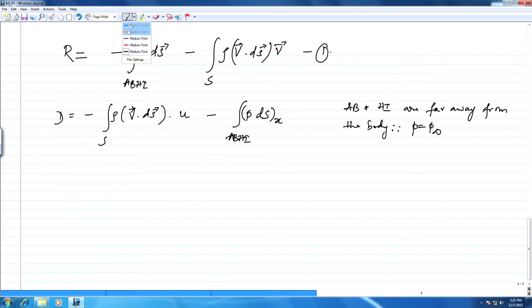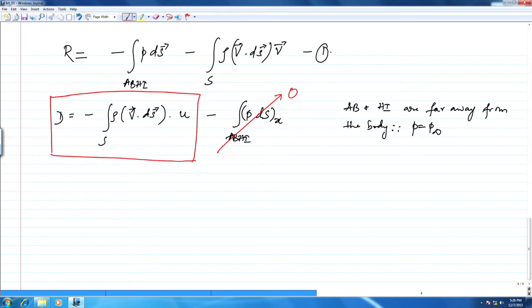So this also turns out to be 0, because they are far away from the body, and therefore the pressure there is essentially the free stream pressure. So what we are left with is just this. This is essentially an expression for my drag.